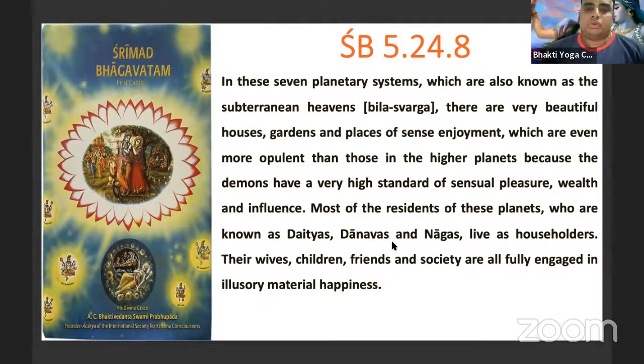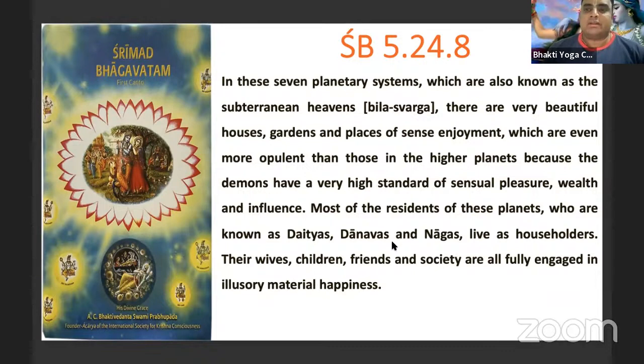Those who end up in the lower planetary systems, the Bila Swarga regions, are in subterranean heavenly planets in which there is a lot of material opulence, which provides for much greater sense enjoyment.